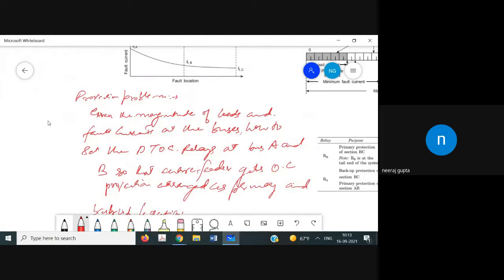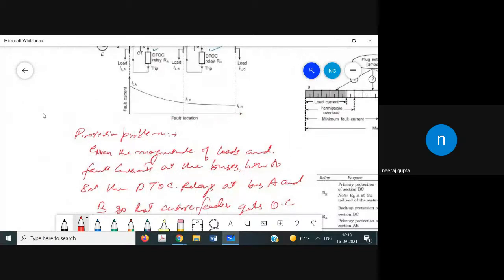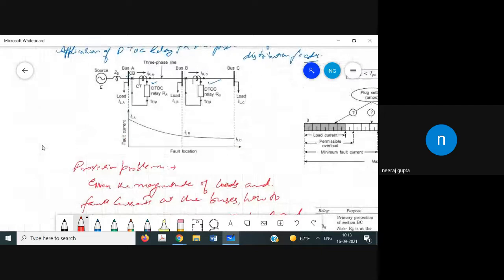So what is the protection problem? Given the magnitude of the load and fault current at the buses A and B, how to set these DTOC relays, that is RA and RB, so the entire feeder gets overcurrent protection arranged as the primary and the backup protection.